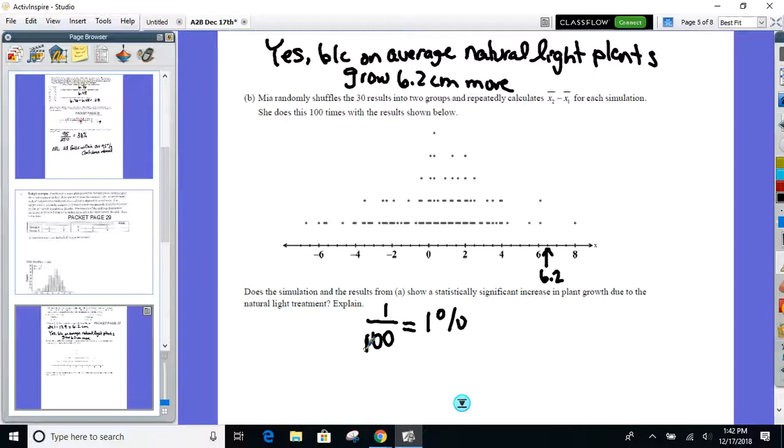So is it a statistically significant increase? Yes, it is, because of the light. It is because it falls outside our 95% confidence interval.